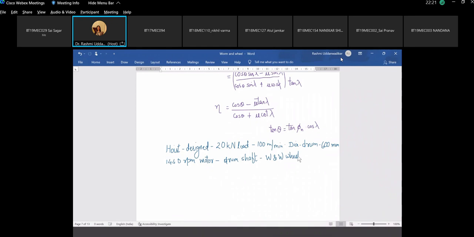Select the suitable material of worm and the worm wheel and design the same. Select the material, design the worm and the worm wheel, find the power to be transmitted and the velocity ratio.